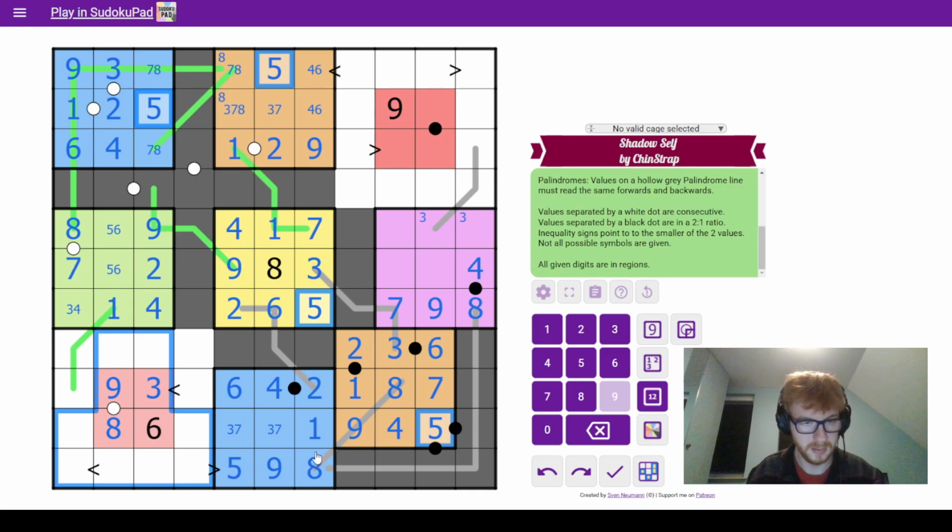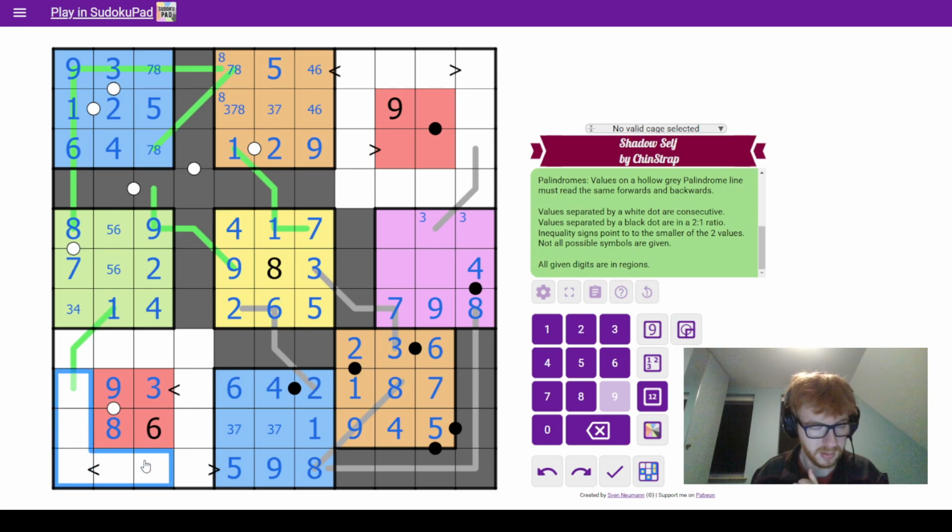No. Okay. Maybe we use, if it moves like this, what am I missing then? No. Okay. Never mind. So what is it? Can it take both of these?